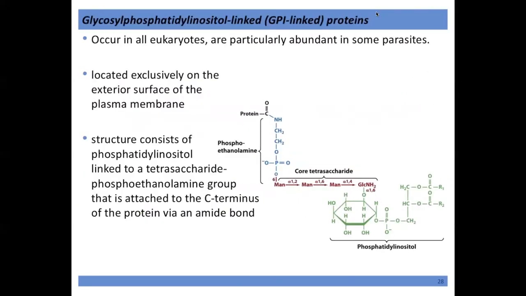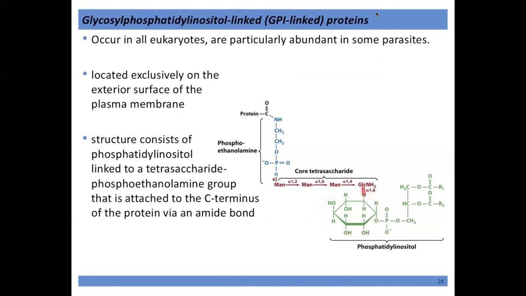There's one other linkage, and that's these glycosyl phosphatidylinositol linked proteins, or GPI linked. They occur in all eukaryotes, and they're particularly abundant in some parasites. So they're located exclusively on the exterior surface of the plasma membrane, so on the outside. And so what you have is, here's your phosphatidylinositol. So if you look, you got your, it's a glycerol phospholipid, and you've attached the inositol sugar here.